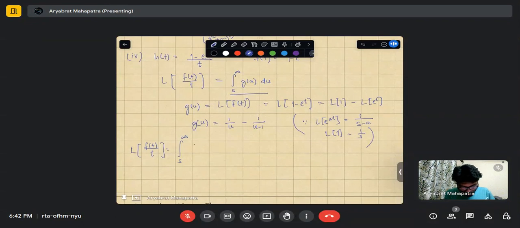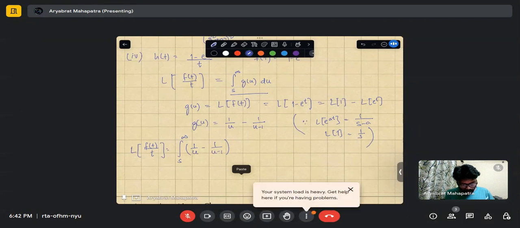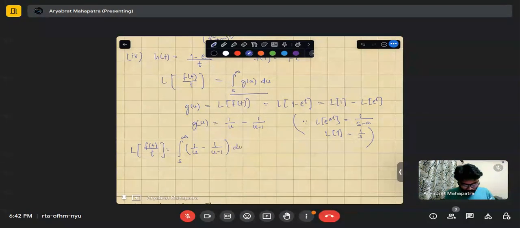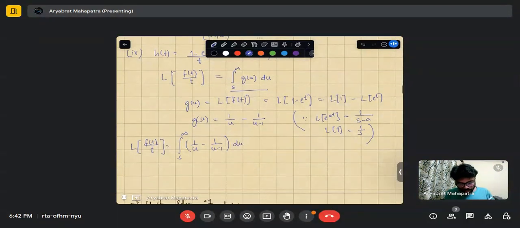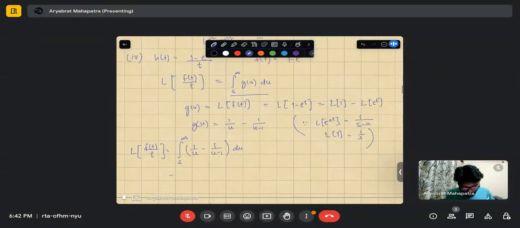So your g of u is 1 over u minus 1 over u minus 1, and you integrate from s to infinity. When you integrate this, you will get your final result in terms of s. You will see the first term is basically ln u, and your second term is ln u minus 1.